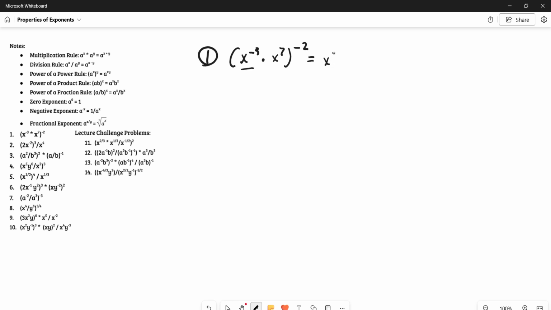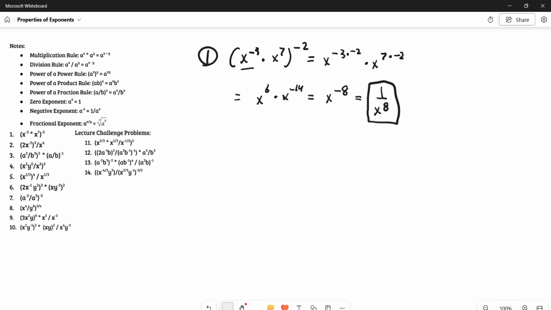We'll multiply these two together, and then x to the 7 times negative 2. So this would equal x to the 6 times x to the negative 14. And this would be x to the negative 8, which is 1 over x to the 8, because we must express everything in positive exponents.